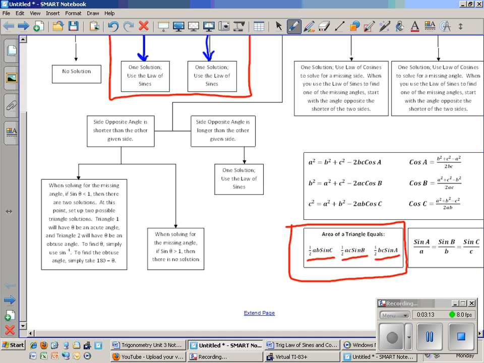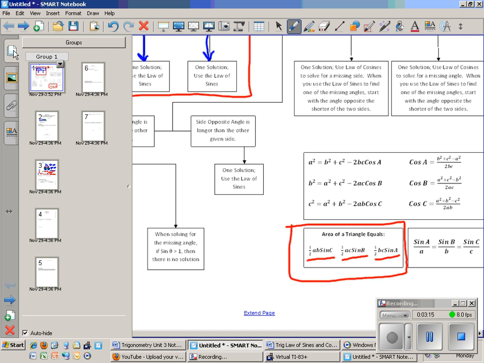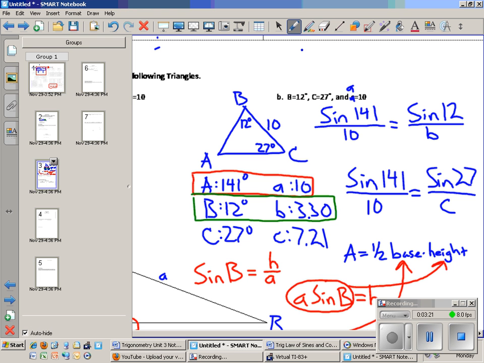This is a very, very easy formula to use. You can refer to this sheet if you want to be able to see the formulas, but I'll show you a quick and easy way to do it.